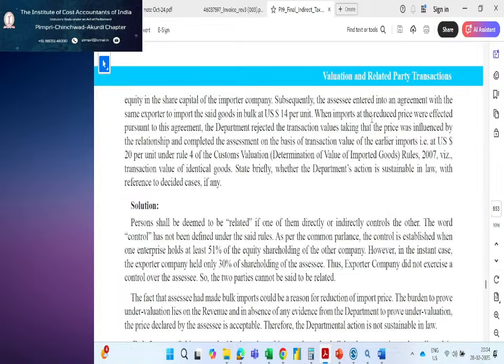When imports at the reduced price were effected pursuant to this agreement, the department rejected the transaction values. So if you see this, the assessee entered into an agreement with the same exporter to import the goods in bulk at $14 per unit.